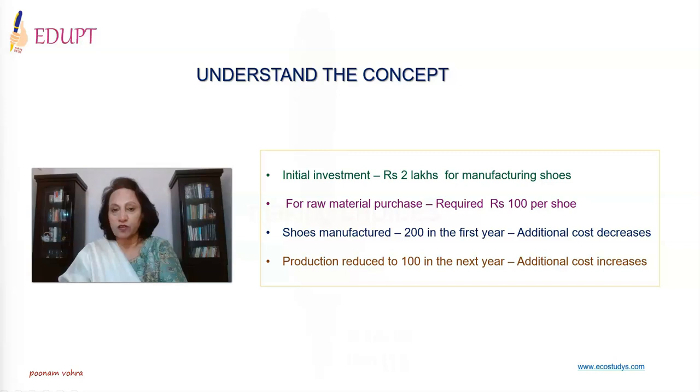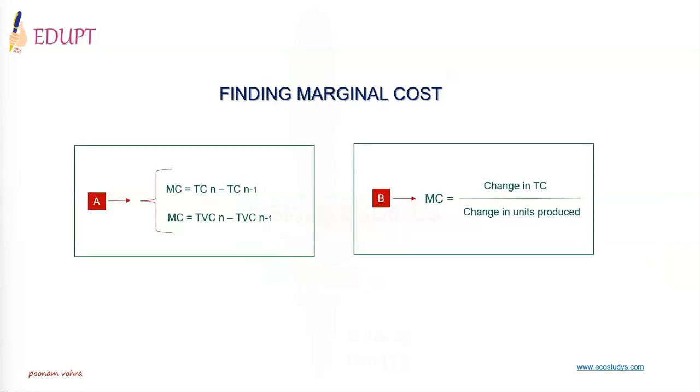Continuing further with the concept, marginal cost. It is the addition to total cost of producing one more unit of output. So one can apply different formulas to find marginal cost. 1. Marginal cost is equal to total cost of n units minus total cost of n minus 1 unit. 2.